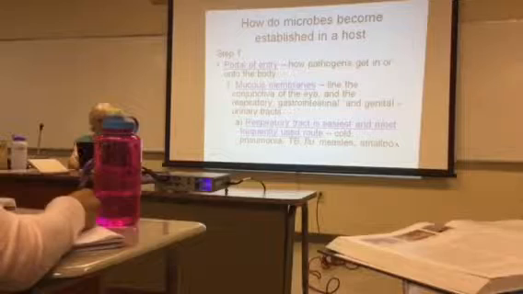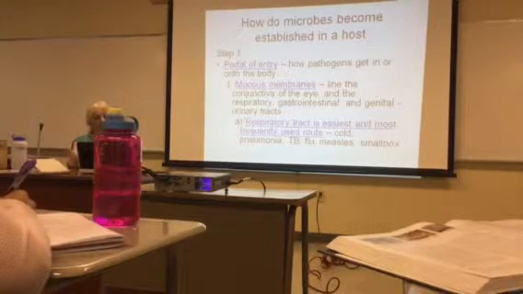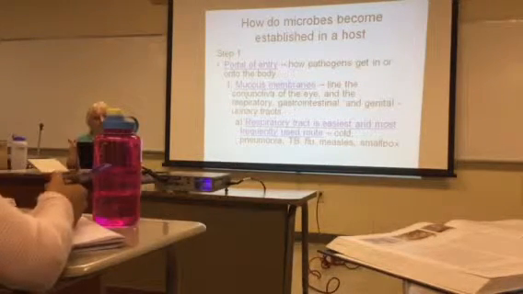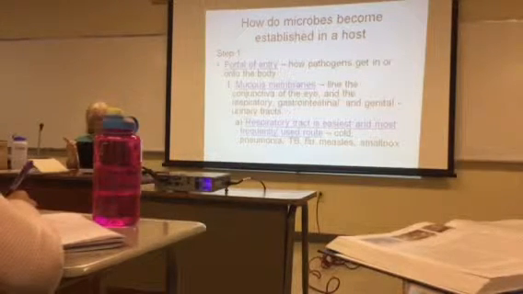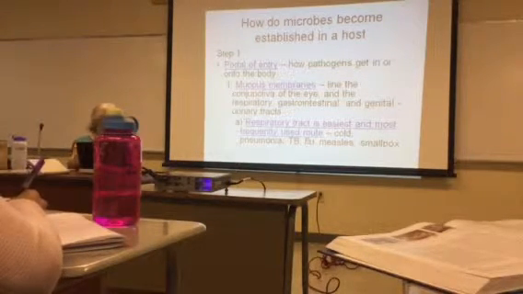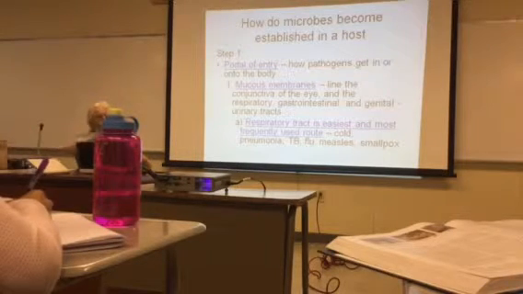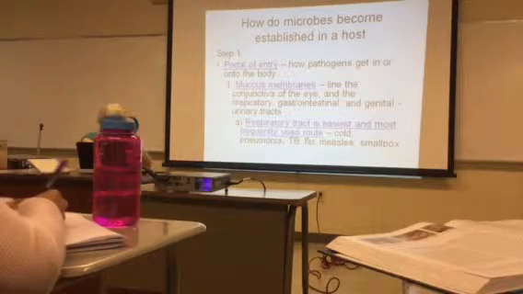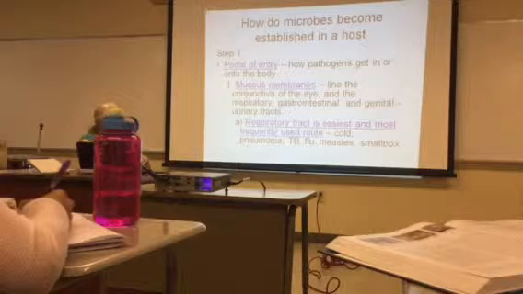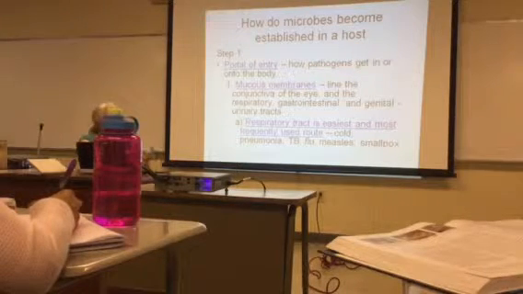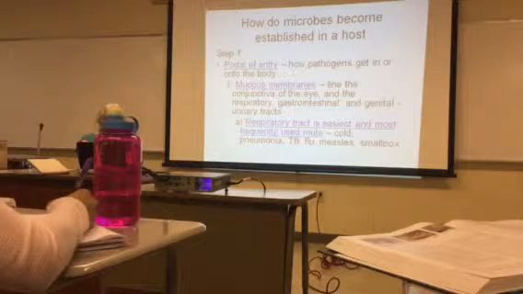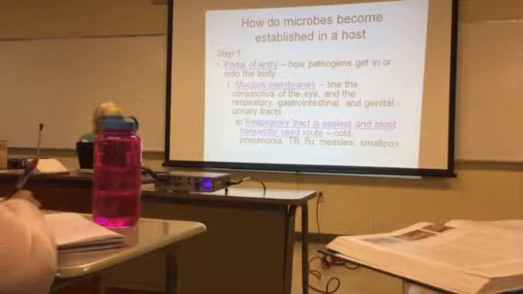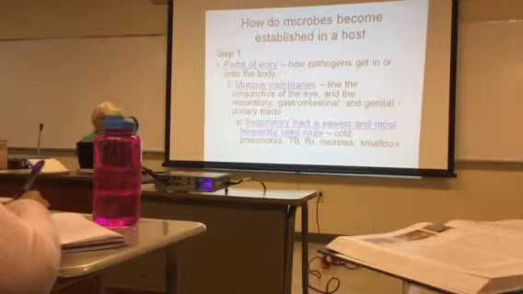So here's a test question. The respiratory tract is the easiest and most frequently used route of pathogens to get into the body. That's number one. Examples of a few of the diseases that are transmitted that way are the cold virus, pneumonia, tuberculosis, influenza.